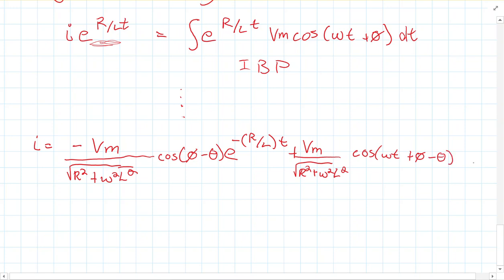And so the units here would, of course, be amps. Now, this is the final result.